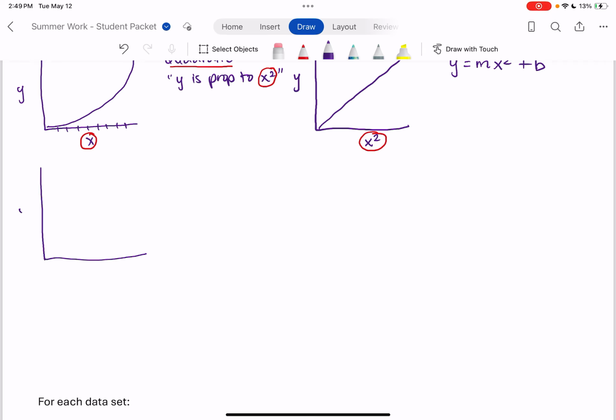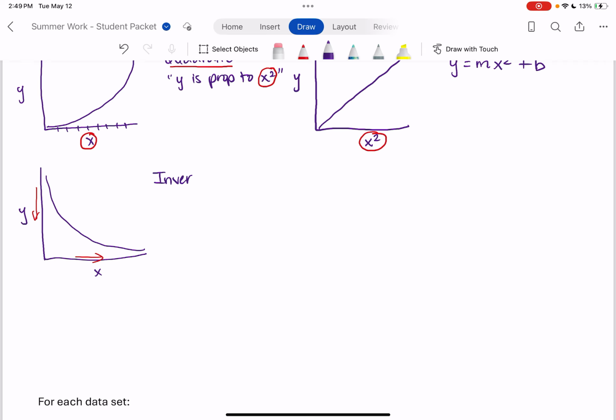The next one you must know is an inverse relationship. If you look at a graph and you see that it's going down like this, we can see that as x increases, y is decreasing. Okay, that's an inverse relationship, what we just looked at with the patterns worksheet.